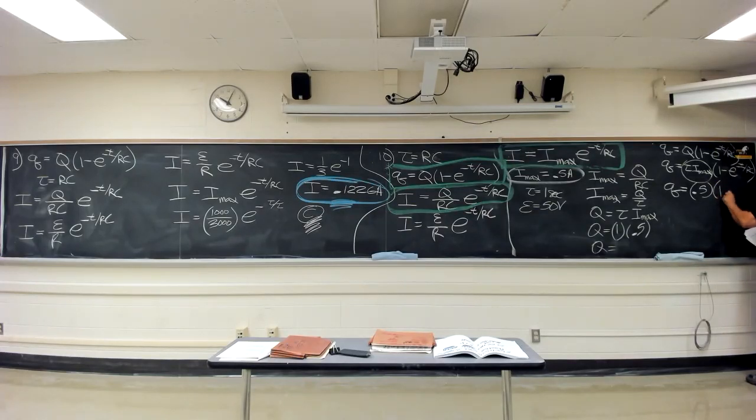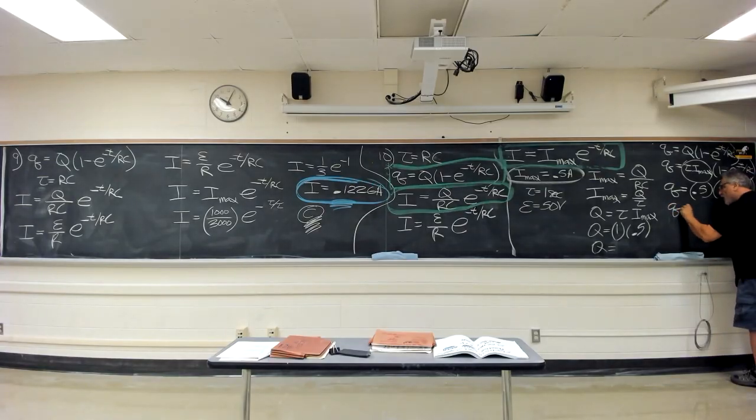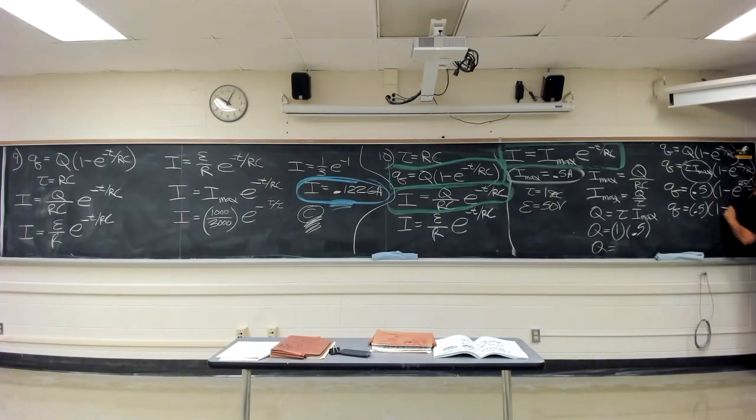This right here is 1. The E is E. RC is tau on the bottom. And after 2 of those time constants, we got 2 tau. Well, 2 tau divided by tau is 2. Forgive me, that should be a negative right here.